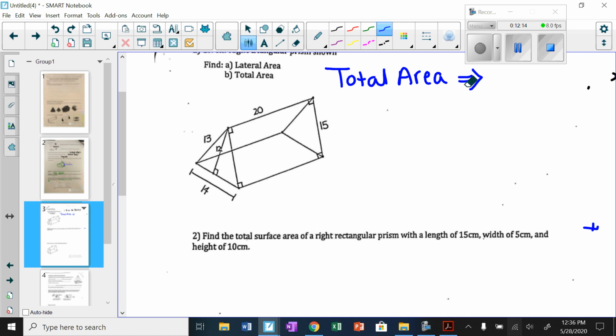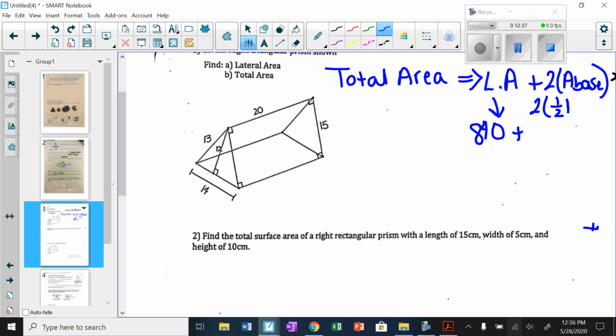Well, we just found the lateral area, so there's no need to do all those calculations over. We're going to do the lateral area plus 2 times the area of the base. Because these bases are congruent, I just need to find the area of one base and then multiply by 2. The lateral area we said was 840. Then we add 2 times half the base times the height of the triangle. Well, this half and this 2 cancel out.